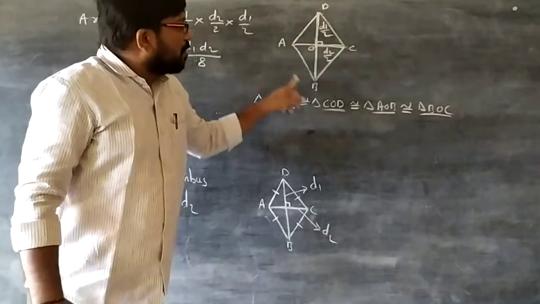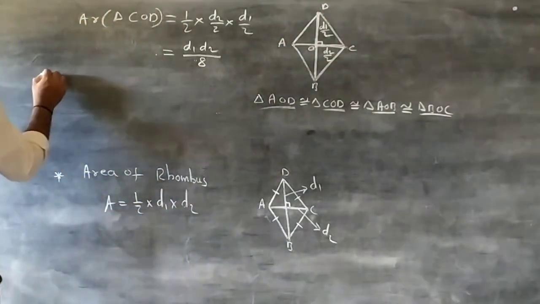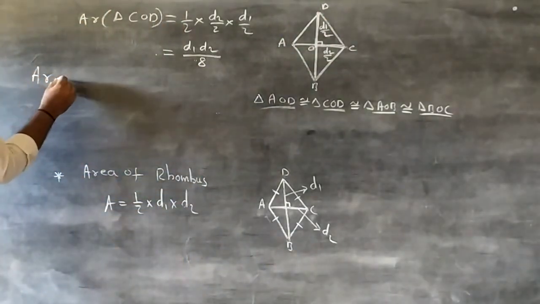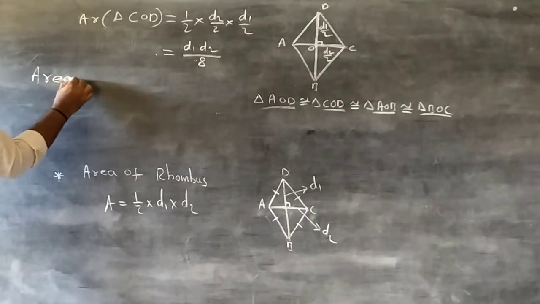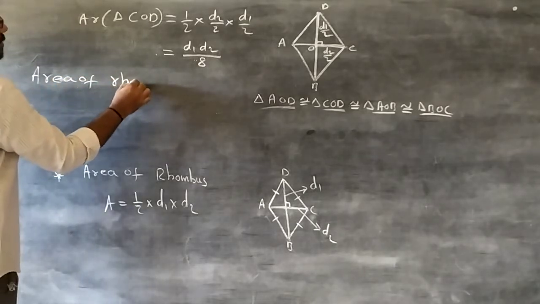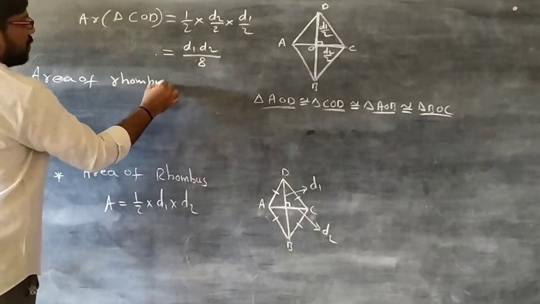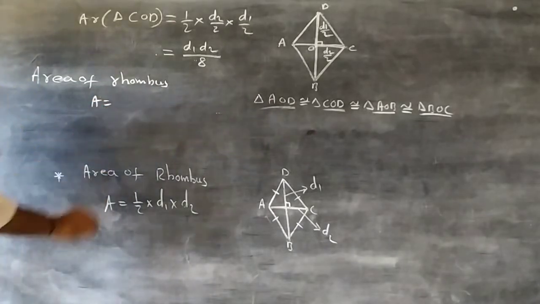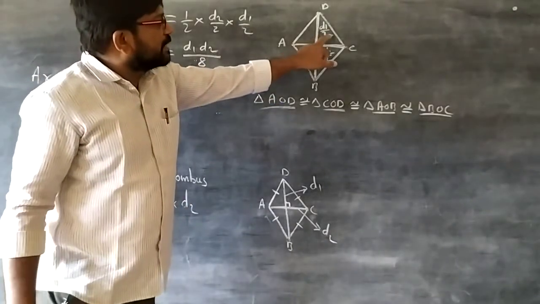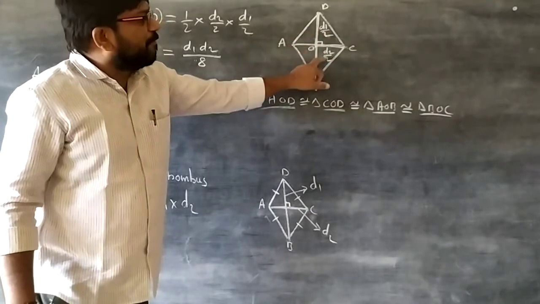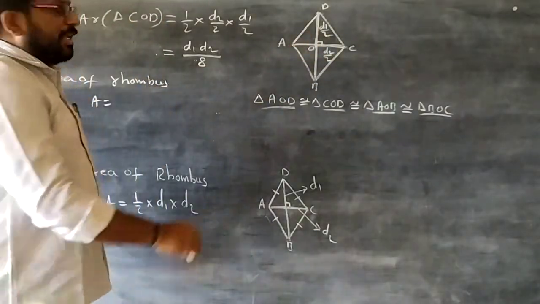Now the area for the total rhombus. Area of rhombus A is equal to... how many such triangles are there? 1, 2, 3, 4. There are 4 right angle triangles.